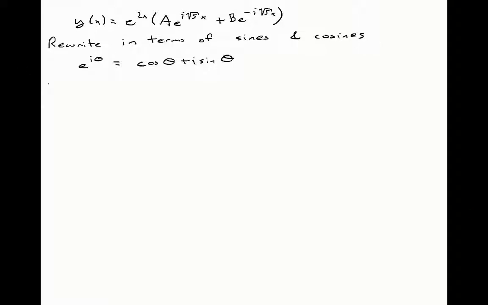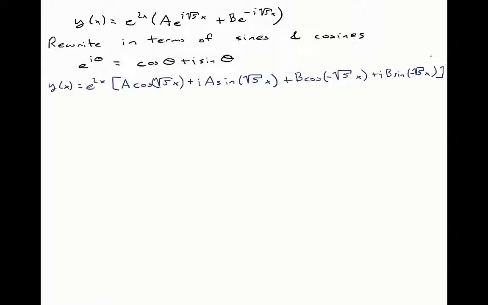Okay, let's write this out. So that's our basic plug-in. Now I'm going to start cleaning it up. I'm going to leave the a and b terms alone for the moment. When I look at the cosine term, I know that cosine is an even function, so cosine of minus square root of 5 times x is the same as cosine of the square root of 5x.